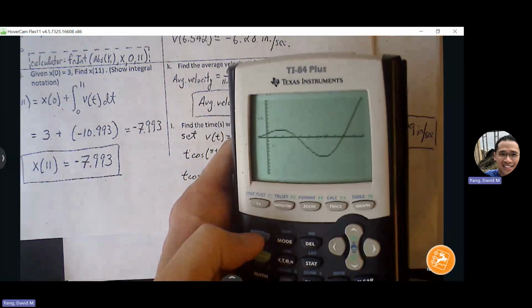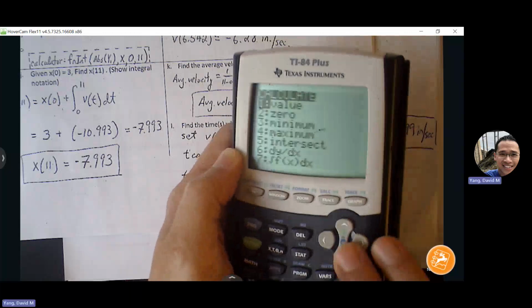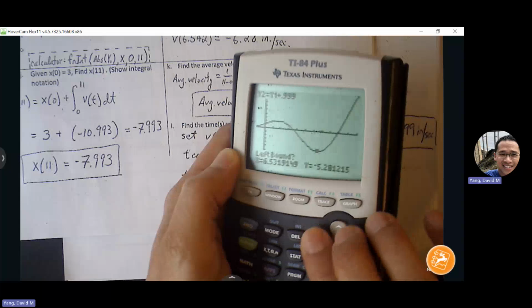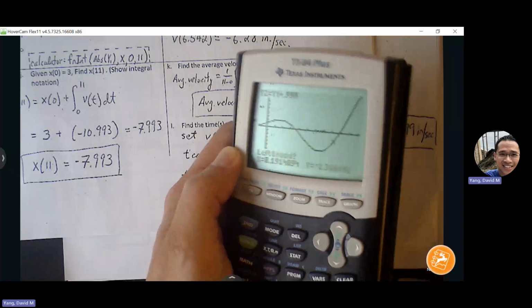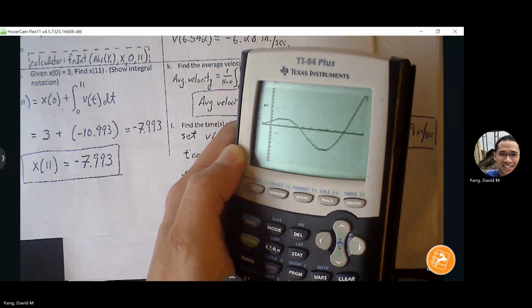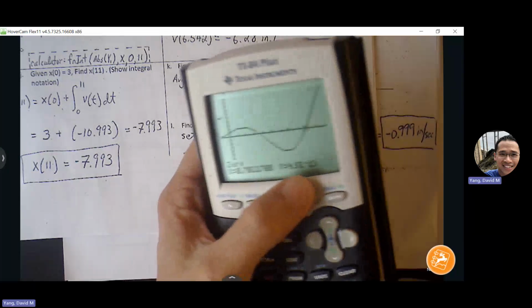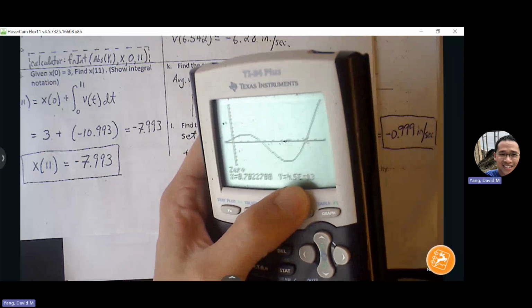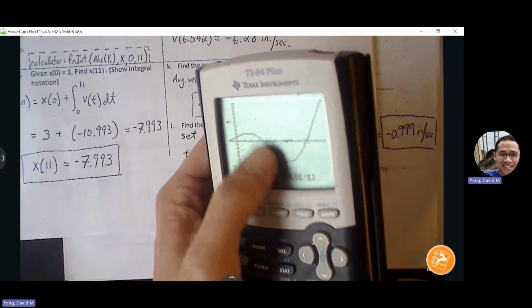So if I want to find one x-intercept at a time, I gotta do second trace 0, and physically go to the left of one x-intercept, hit enter, go to the other side of the x-intercept, hit enter. And that'll find me one of them. Also, if you see a strange number like this, that just basically means 0. That's a really, really small number. So we gotta repeat the process for both these times.